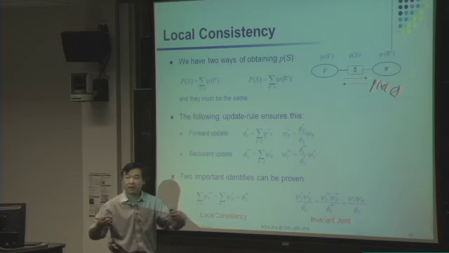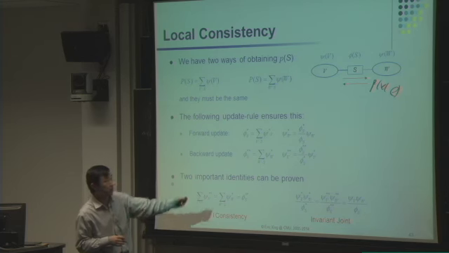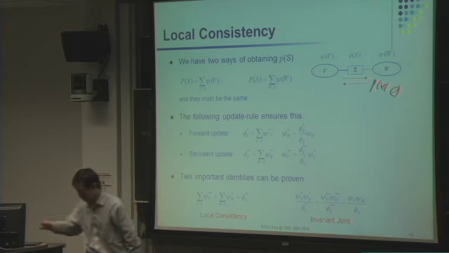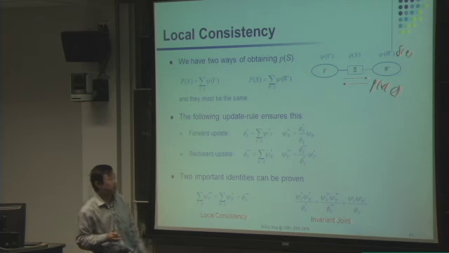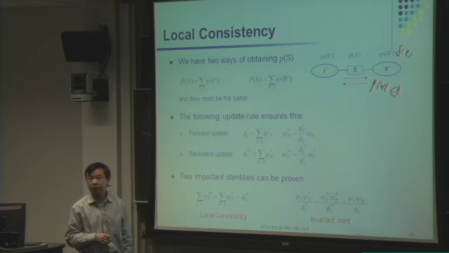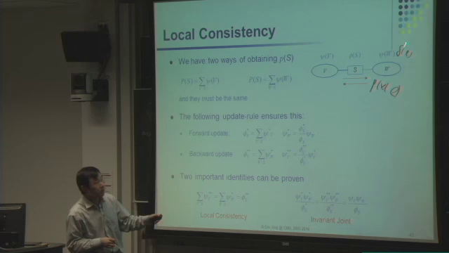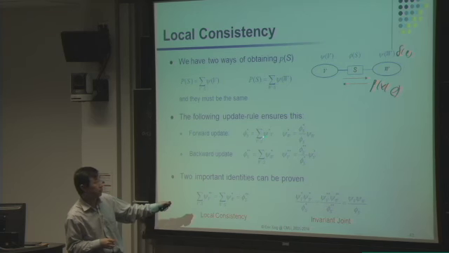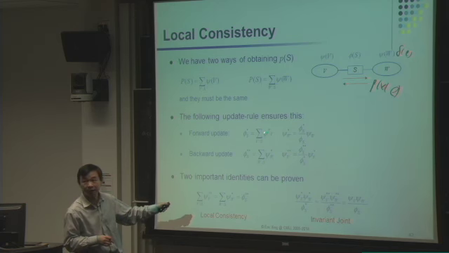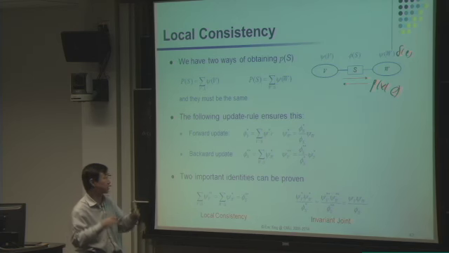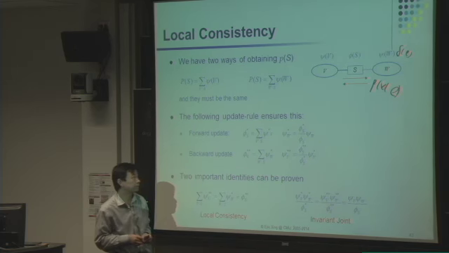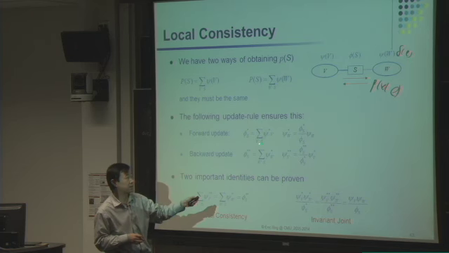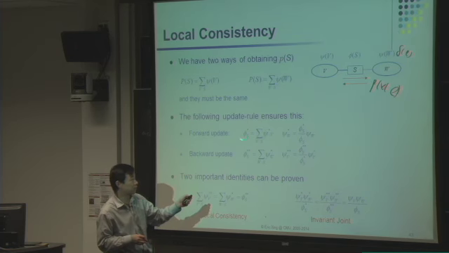I'm going to multiply this evidence potential into my original definition of potential. For example, here I may multiply some delta E, something like that, and therefore I get a new potential right here. So once this potential becomes a new version, for example, now I have psi of V into psi star of V, a new definition due to the introduction of evidence. I'm going to now recompute this separator potential just by marginalizing the variables that are not included here.